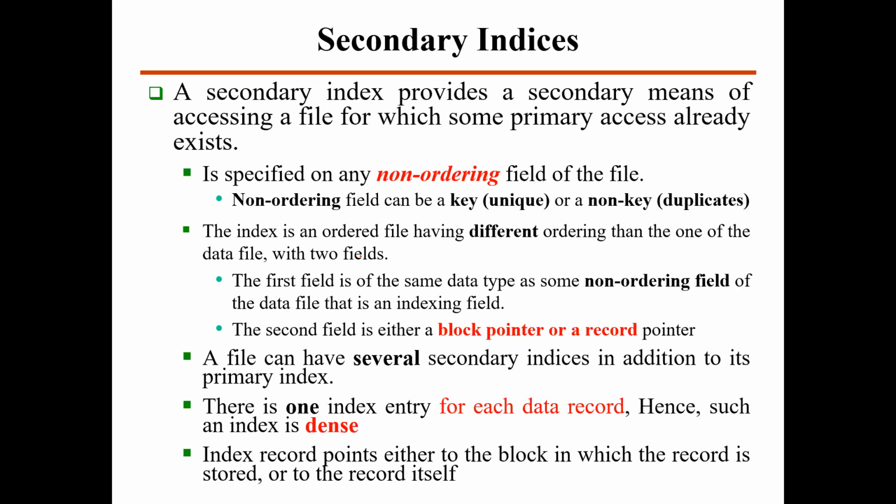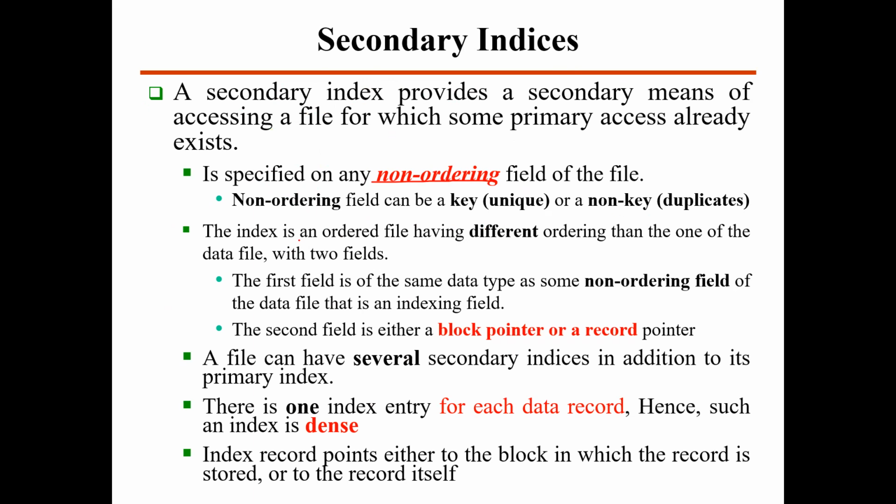Now talking about the secondary index. A secondary index provides an additional means of accessing a file for which some primary access or primary index already exists. It is made on a non-ordering field. A non-ordering field can be key or non-key.